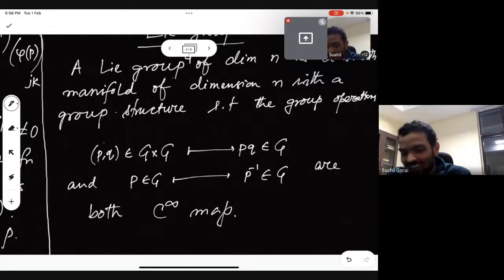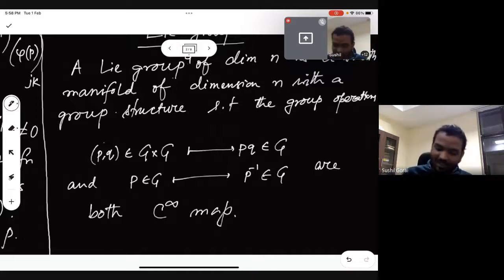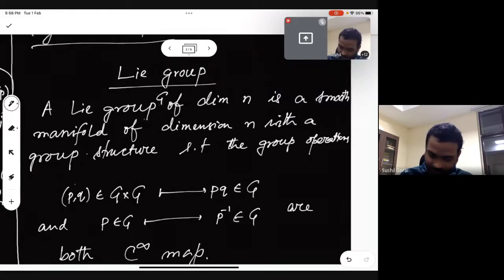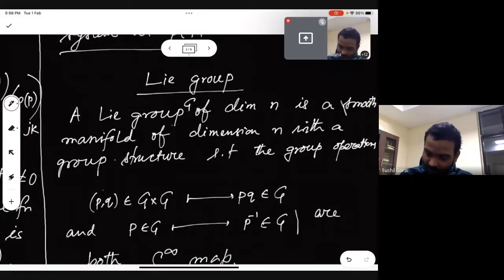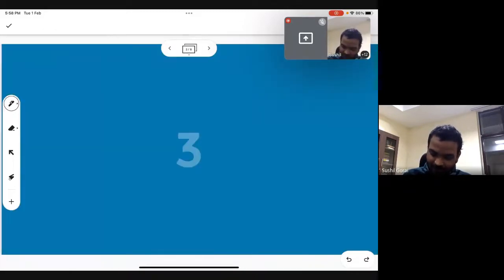Now here, for a Lie group, these maps are smooth. So yeah, it has some interesting properties. We'll see them probably. But before that, for now, we'll just have a few examples.